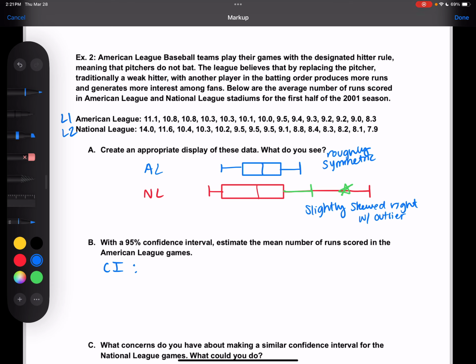So we have to do the one variable stats thing? It should be no, we're just going to do the T interval on the calculator. If we had to do it by hand, we would have to use one variable stats. Is it T interval or two sample T interval? Just T interval because we just care about American League.